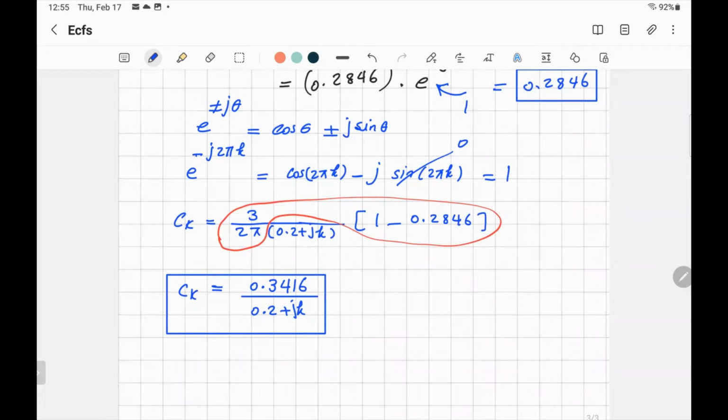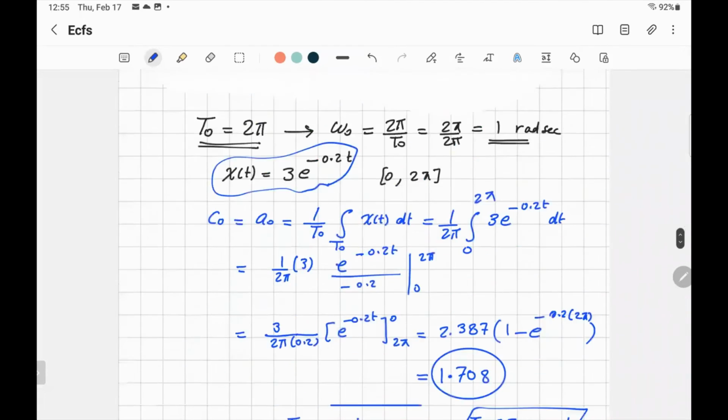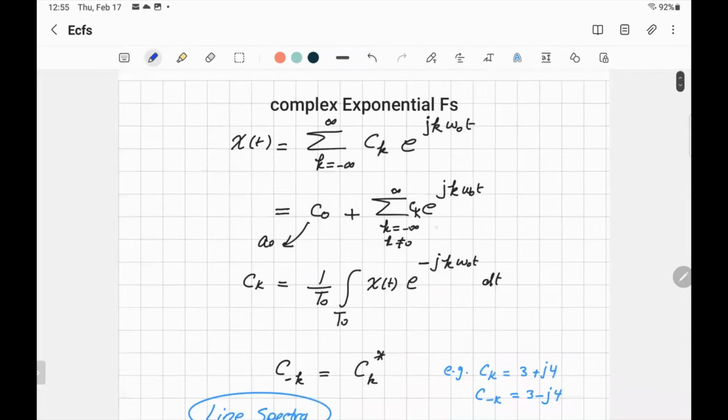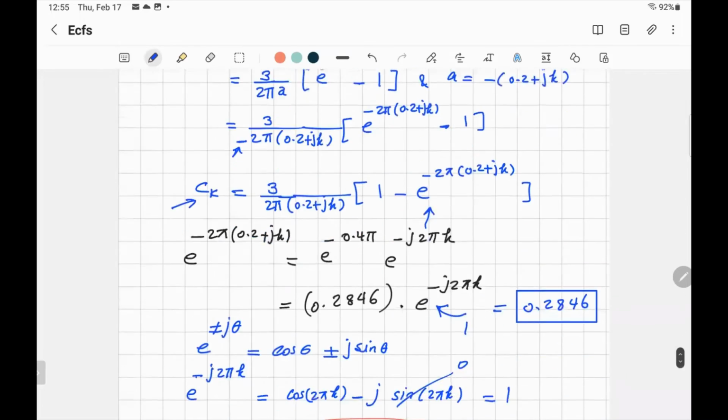If you want to express the complex exponential Fourier series, I will remind you of the formula. That's the formula: c naught, separated out, plus the sum from negative infinity of ck multiplied by e to the power jk, the same thing but with positive. So let's write it.